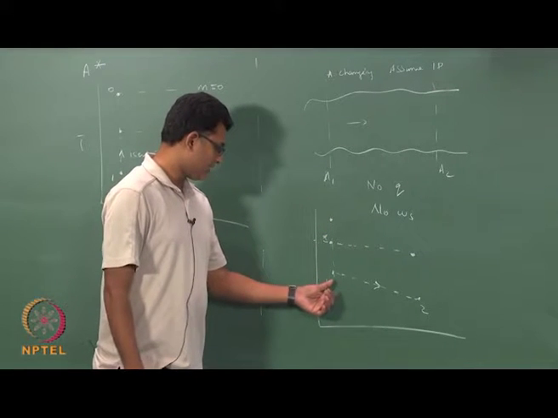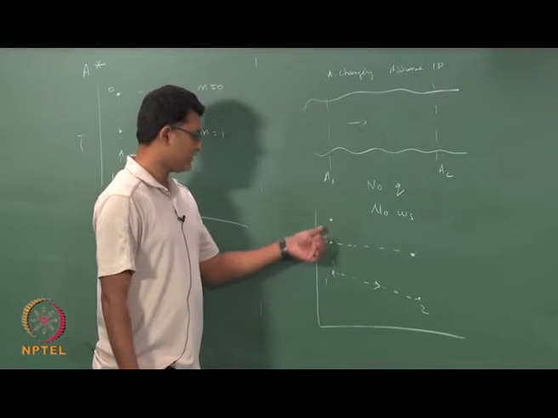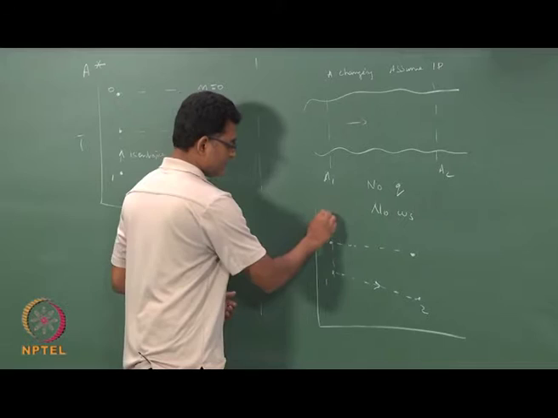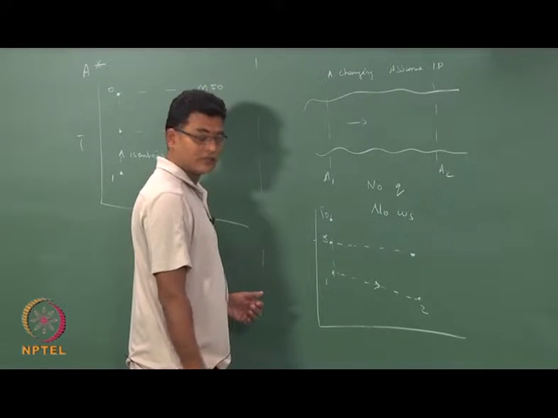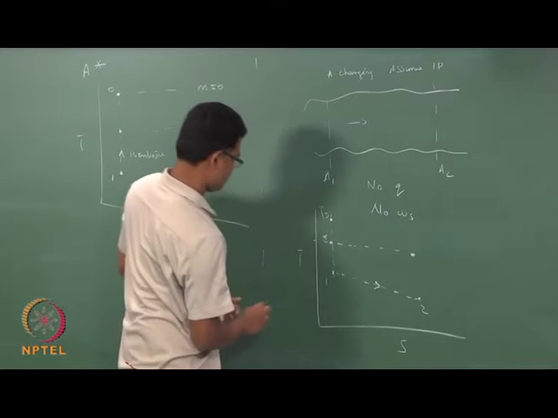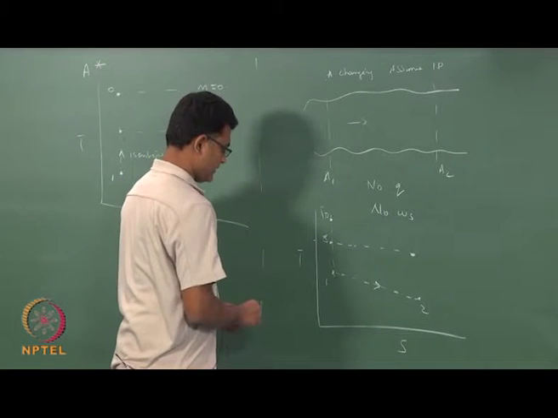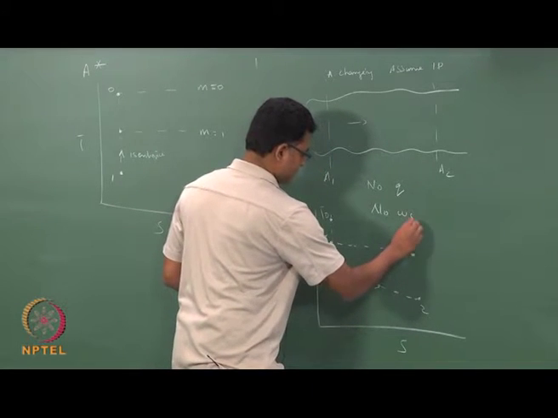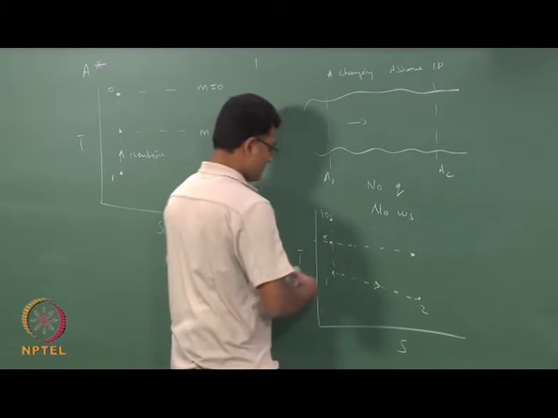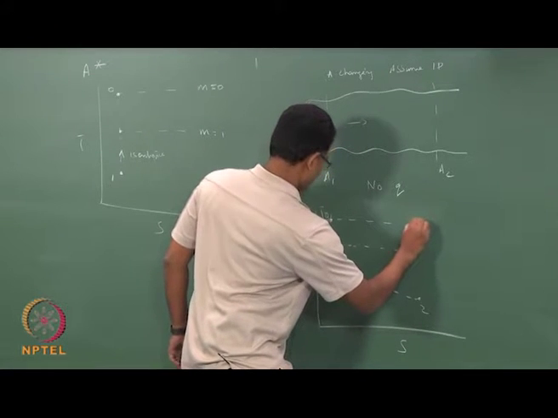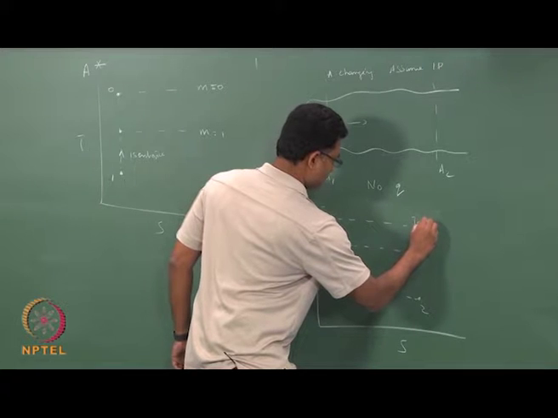So, at the point 1, I also have a state which is the stagnation point, which is my T0,1. So, with the point 2, I also have the stagnation point, which is the same as T0,1.